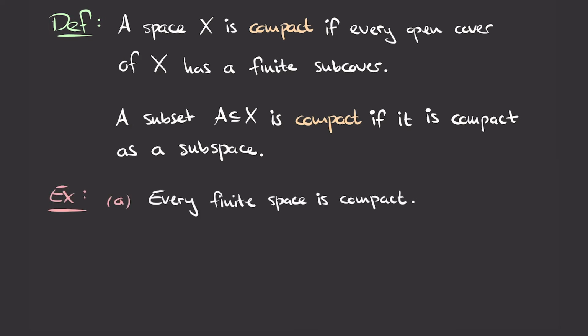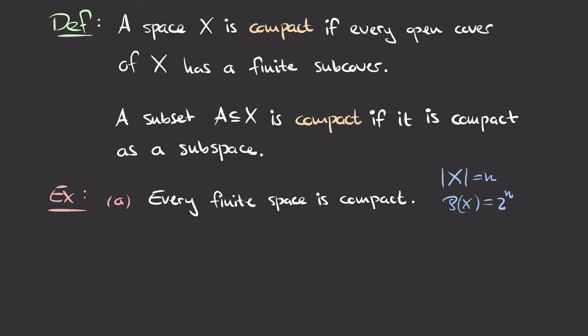All right, so to illustrate what compactness looks like, let's give some examples. So the first one is very basic. It's saying that every finite space is compact. Let's think about why this is the case. Well, the reason for this is that finite spaces have a finite number of subsets. So if the cardinality of X is equal to n, then the power set of X has 2 to the n elements.